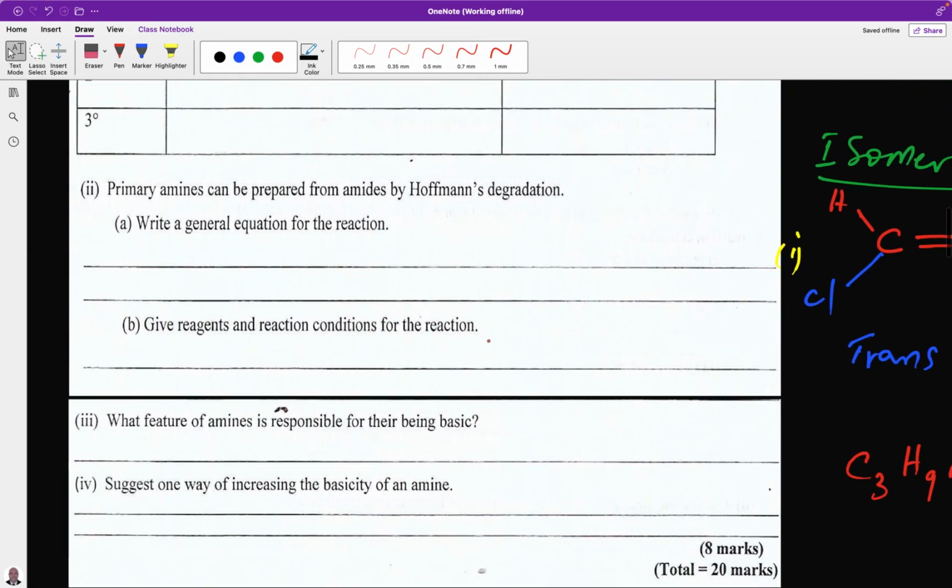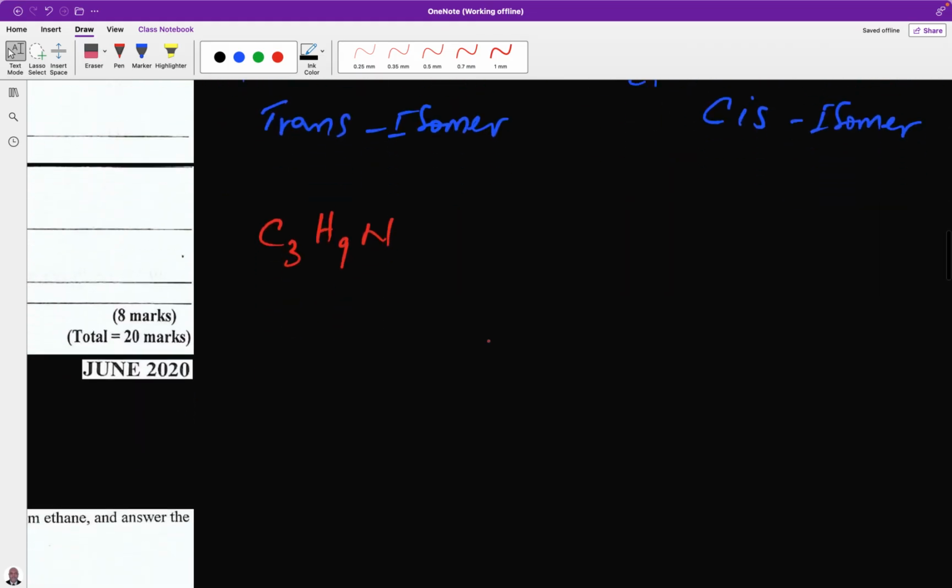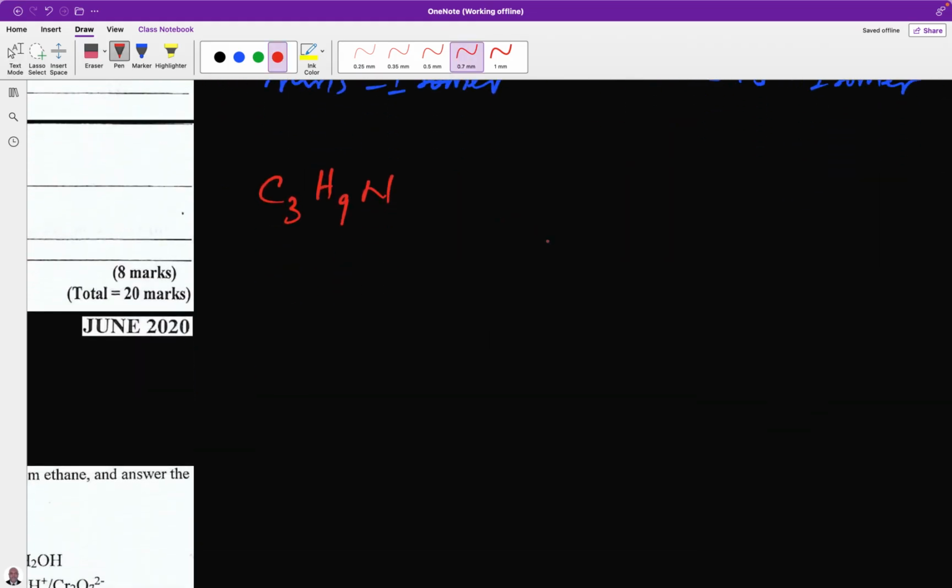Primary, secondary, and tertiary. Okay, this is the formula. Now, the first one is primary. For primary, we need to have only one hydrogen that is being substituted.